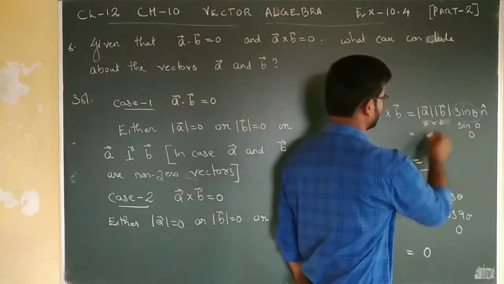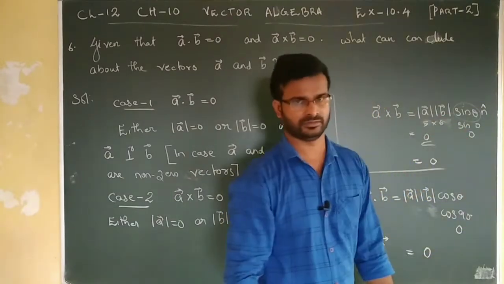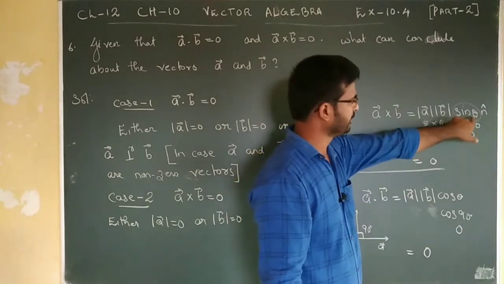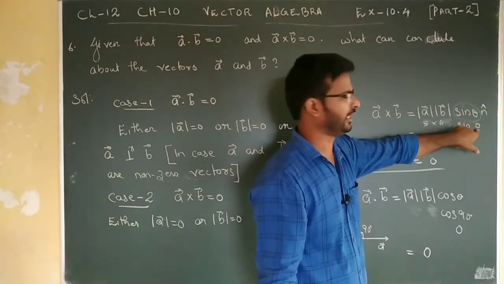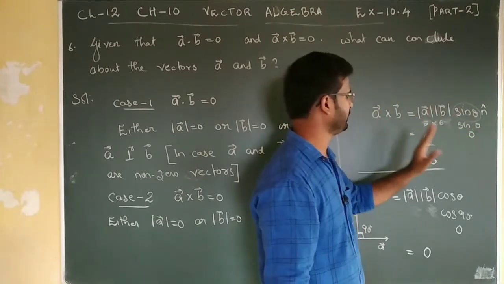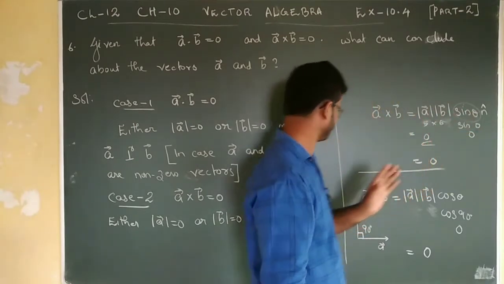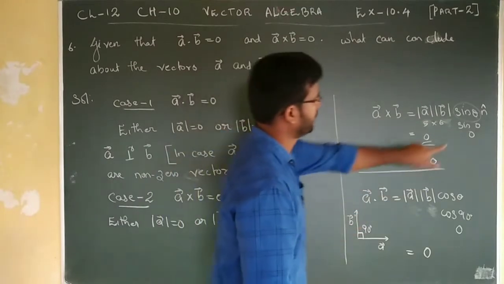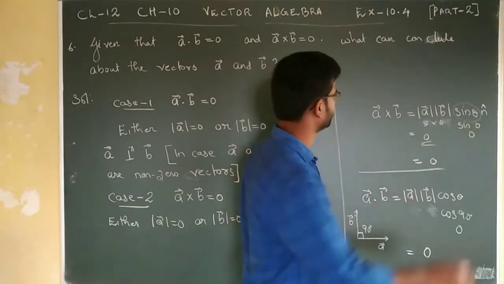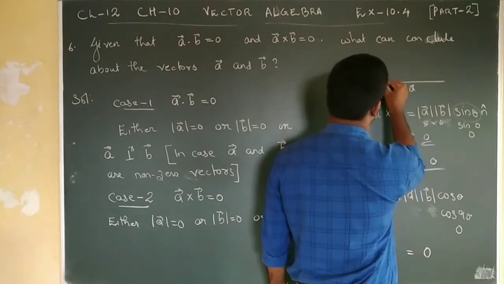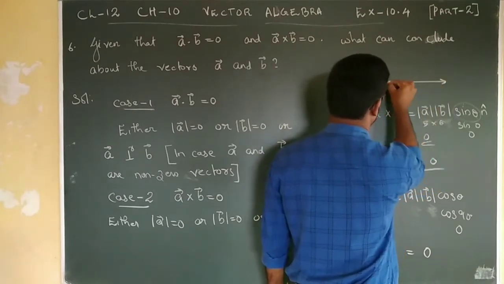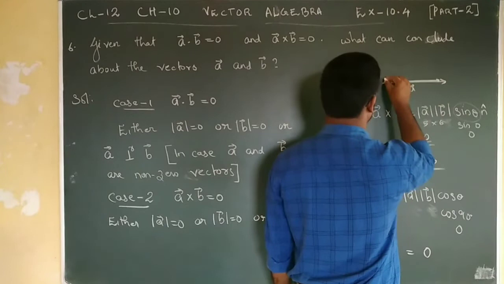Then 0 into the remaining number gives answer 0. So if theta is 0 degrees, A cross B is 0. Angle theta is 0 means what? This is A vector, and then another line along the same direction, this is B vector.